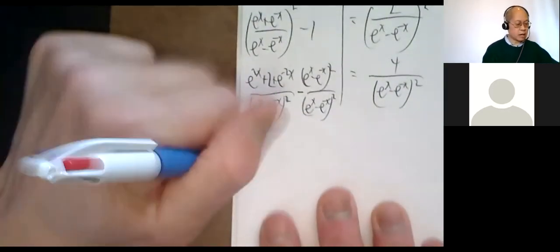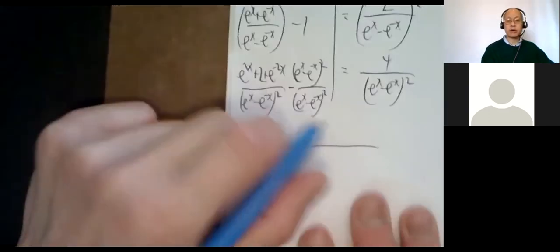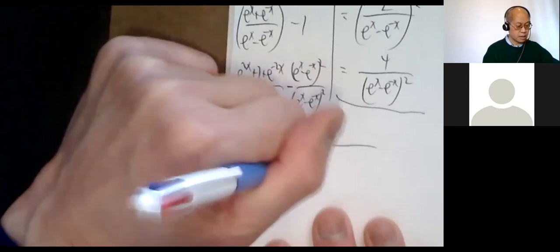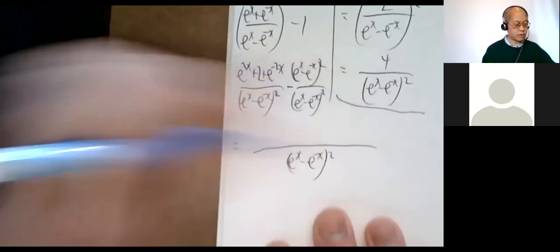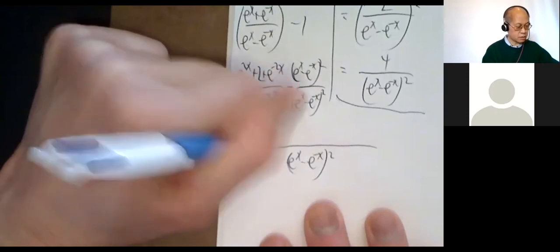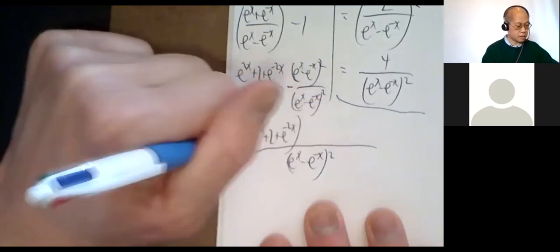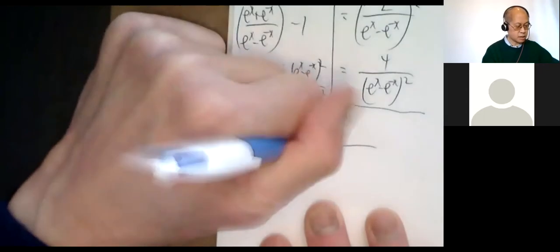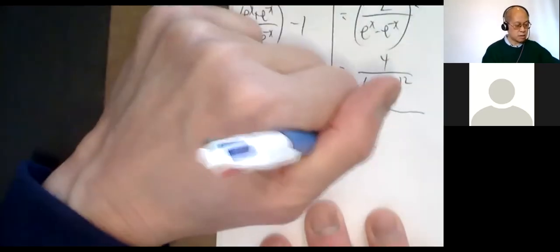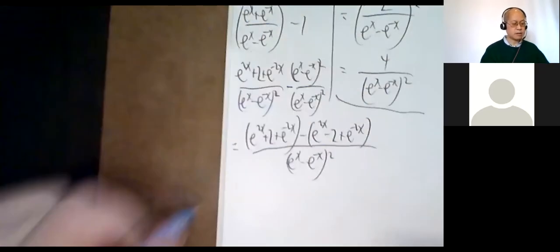Okay, so I do have a common denominator. I don't have to work on this side anymore, so I'm crossing over here, so to speak. (e^x minus e^(-x)) quantity squared. So e^(2x) plus 2 plus e^(-2x) minus e^(2x) minus 2 plus e^(-2x).